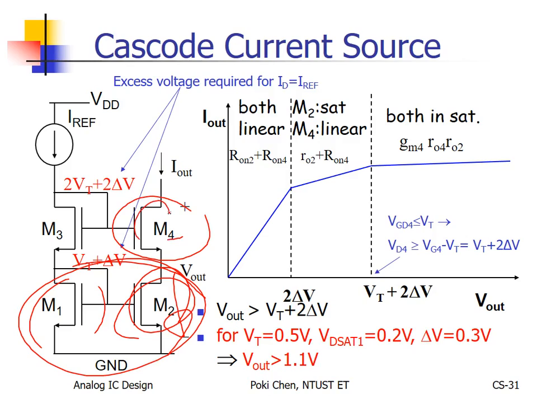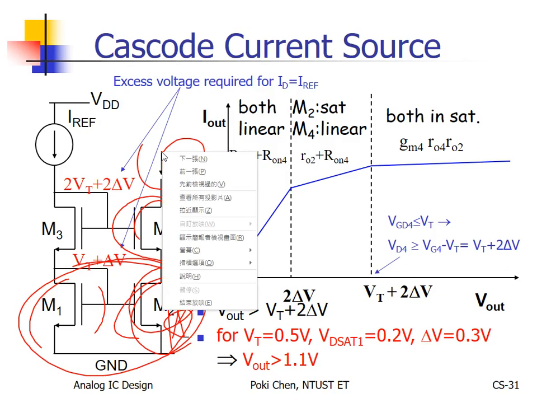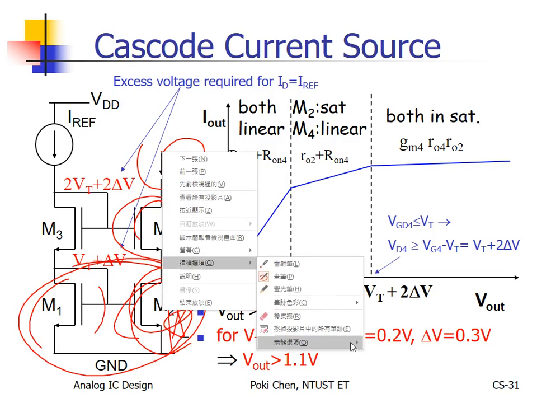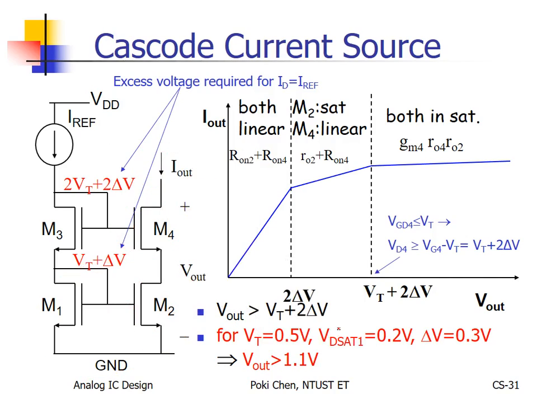And I help you to pass your current all the way to output, exactly because M4, the gate is isolated from the channel. So ideally or in practice, except for any kind of leakage, 100% of the current here will be there. Congratulations, okay?